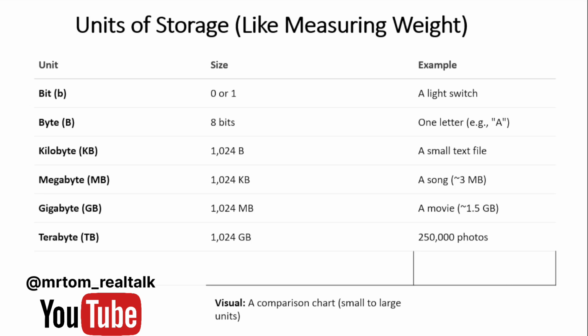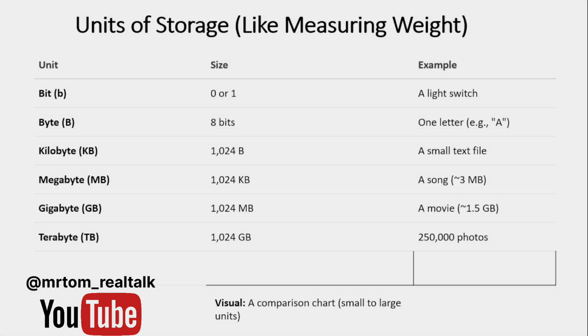Units of storage in the computer system. The smallest unit of storage in the computer system is the bit. The bit is the smallest unit of measurement for data in the computer system.